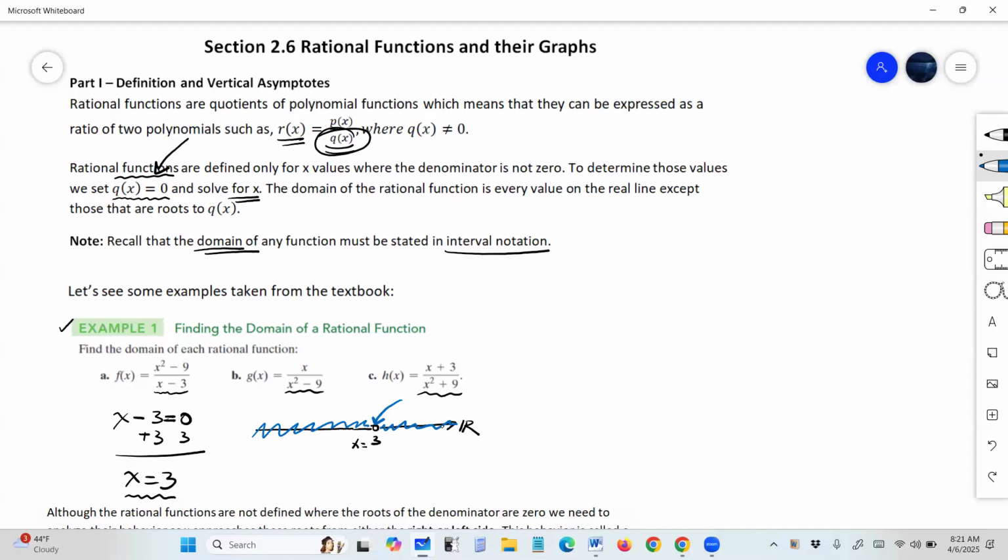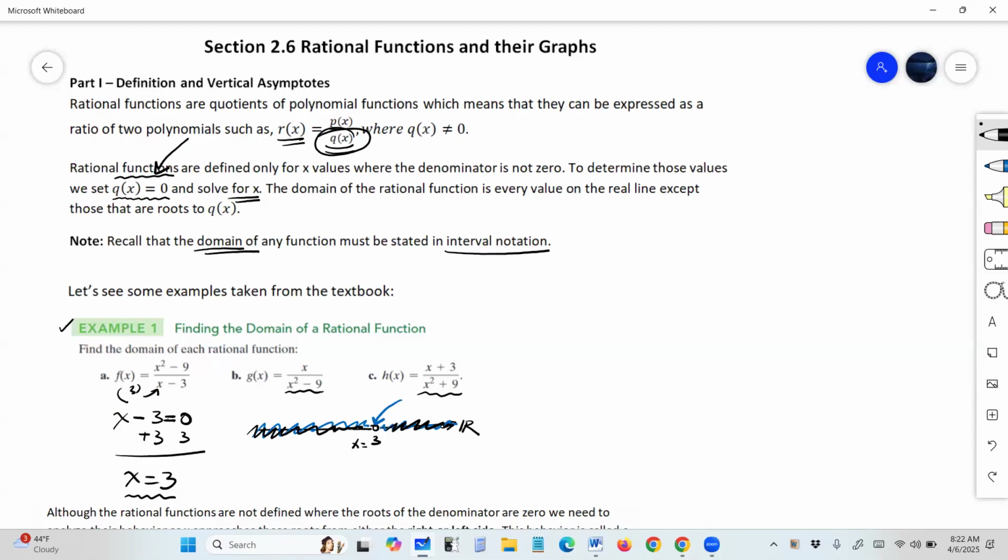Now, why is that? Well, the reason is that if I replace the denominator with this value 3, I will get 3 minus 3, which is 0. So then I have the numerator divided by 0, which would be undefined. So that's not possible.